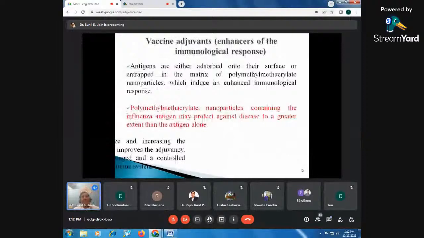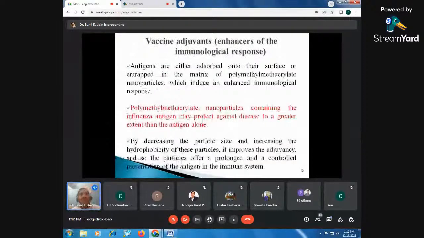Now, as I told you in an earlier slide, many vaccines are available for infectious diseases. So what is the role of nanotechnology in developing vaccines? Nanoparticles play a very important role. They serve as an adjuvant for vaccine delivery. Antigens are either adsorbed onto their surface or entrapped in the matrix of polymethyl methacrylate nanoparticles.